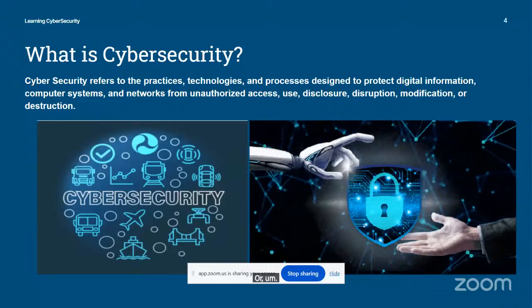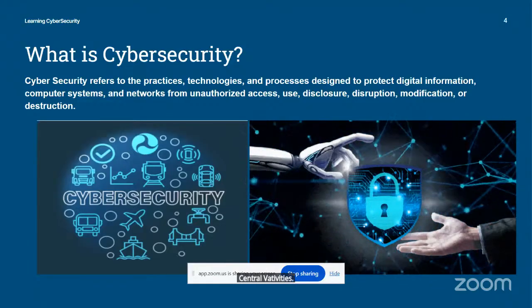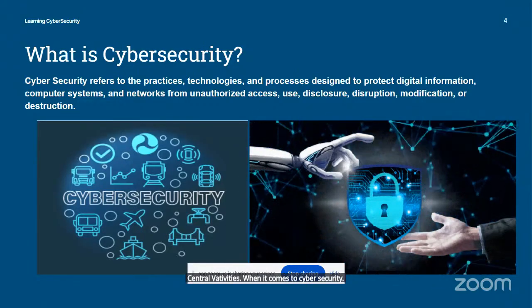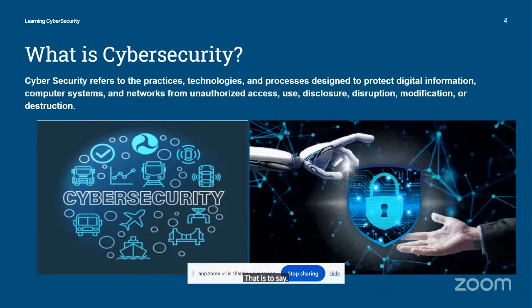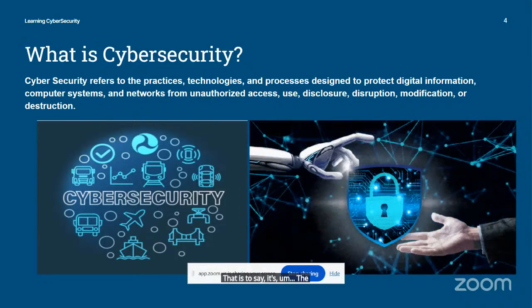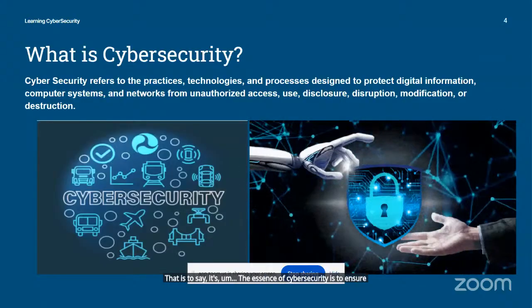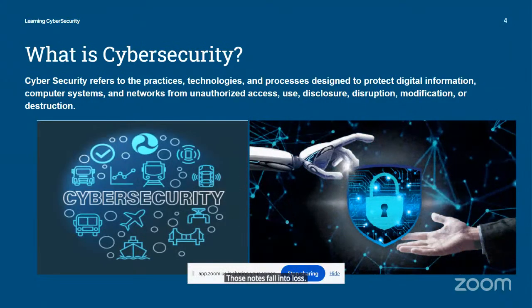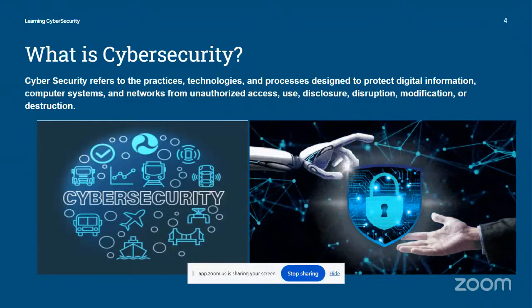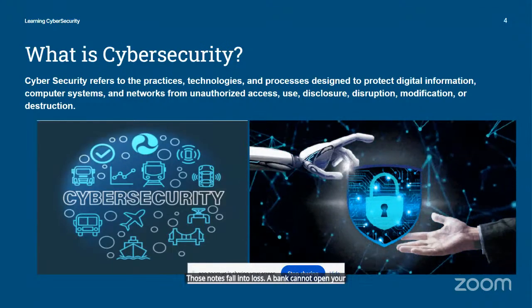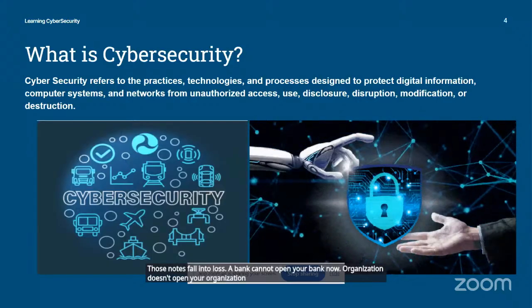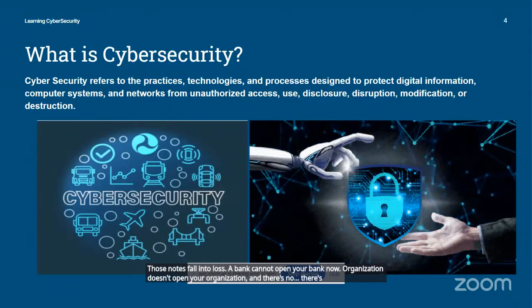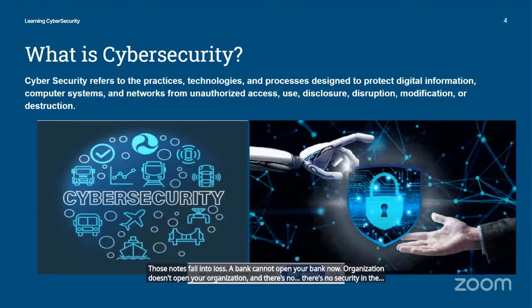all central of activities when it comes to cybersecurity. That is to say, the essence of cybersecurity is to ensure that business does not fall into loss. A bank cannot open a bank now, or an organization does not open, and there's no security in front of the compound.